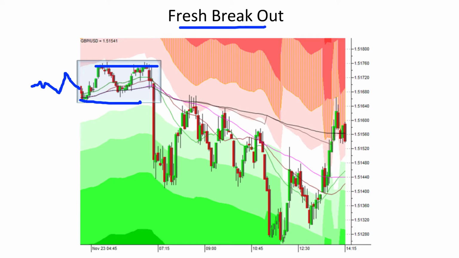Anytime you see this, especially when a session is just starting, so this was the start of the London session, there's really tight price action, and then you get a breakout of your range. That's when I would avoid the first level. It depends on this move. This move wasn't very big, so I wouldn't have taken this one.